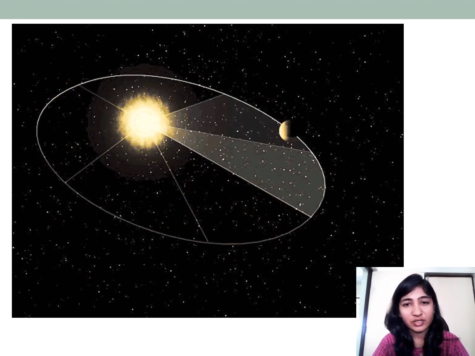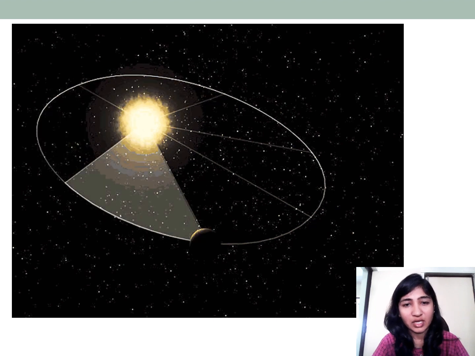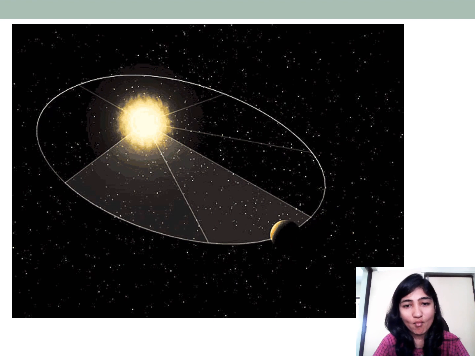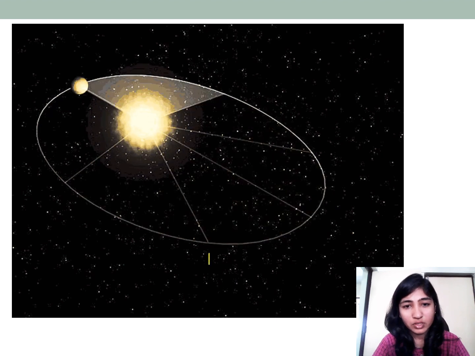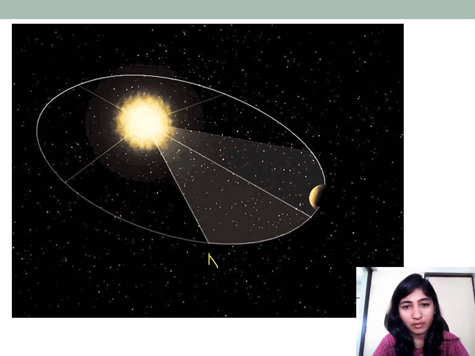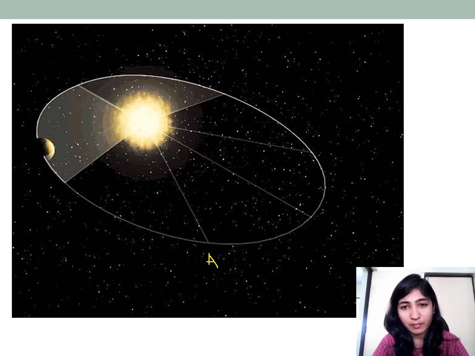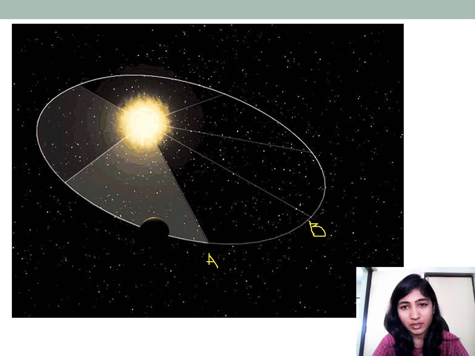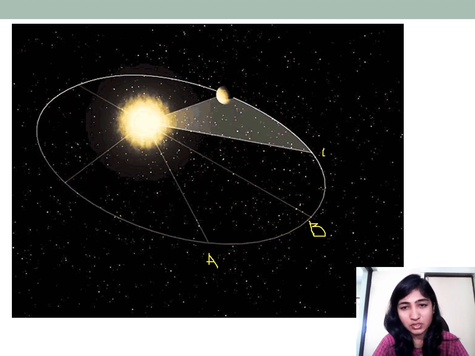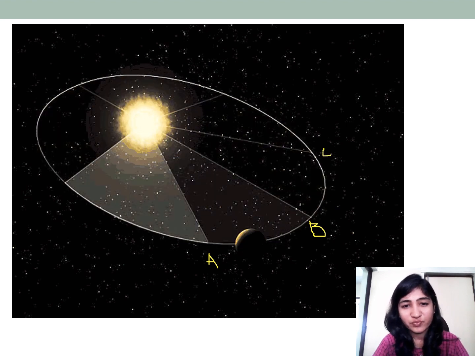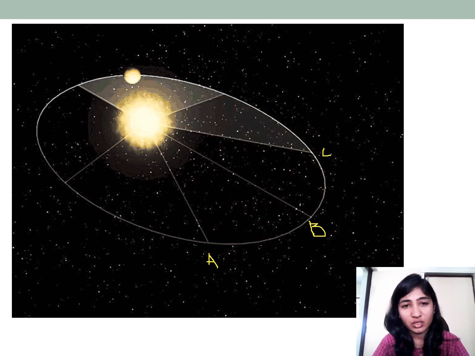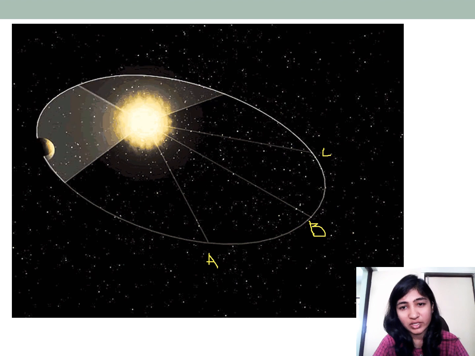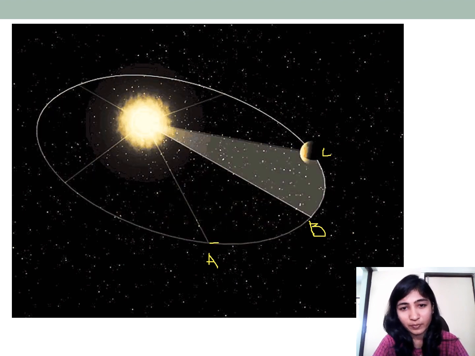Take any position of the line joining the planet and the sun. Take points A, B and C. The line joining A and the sun sweeps an equal area up to the arc.